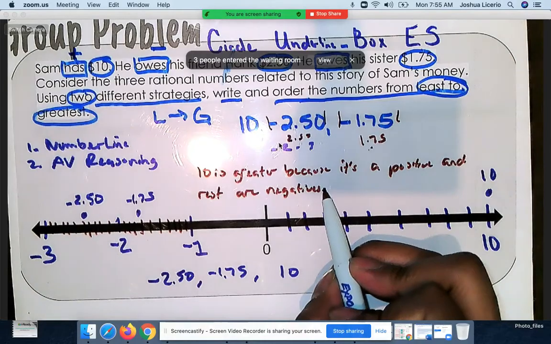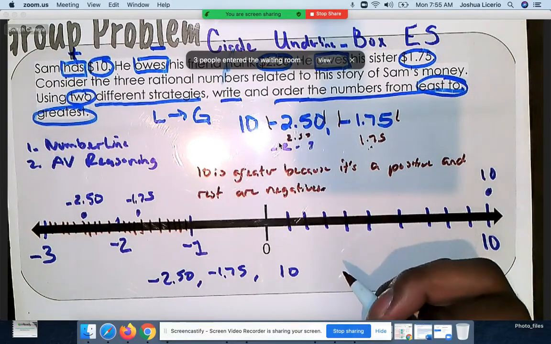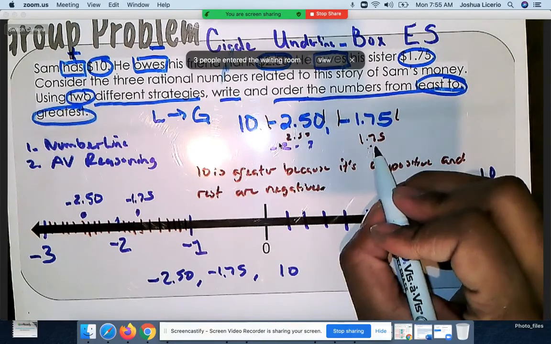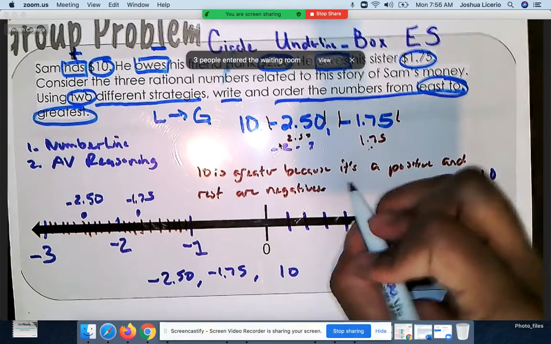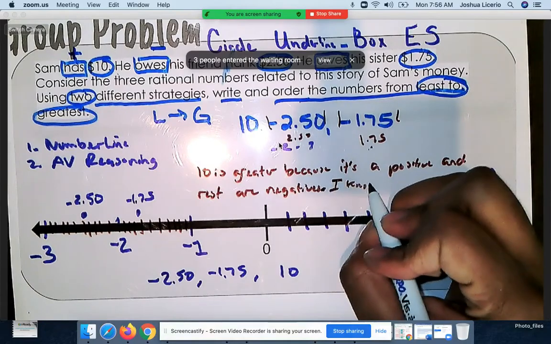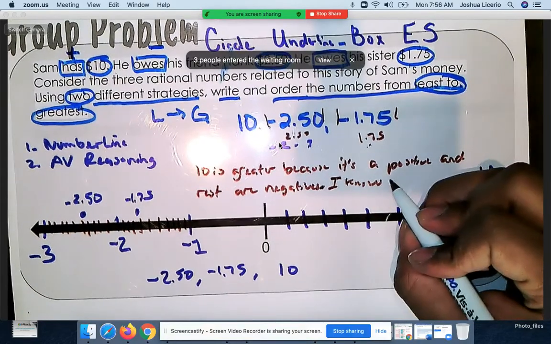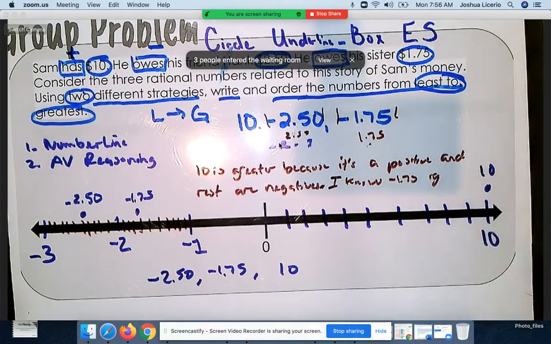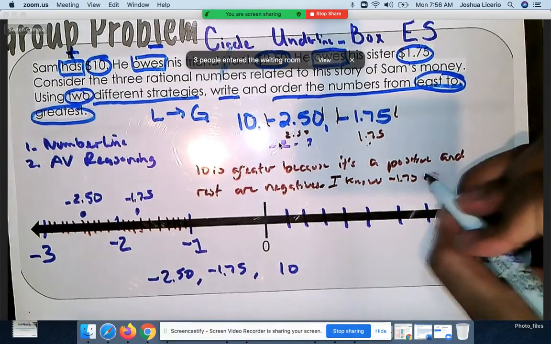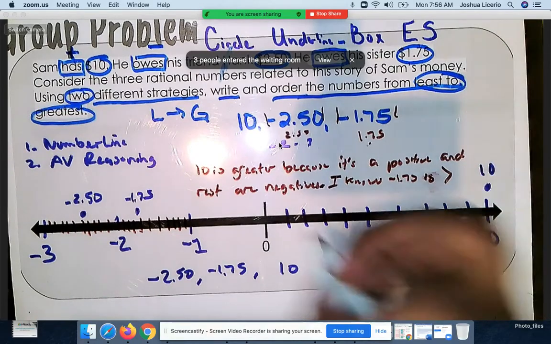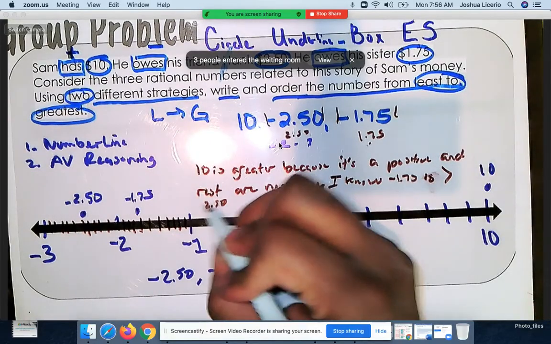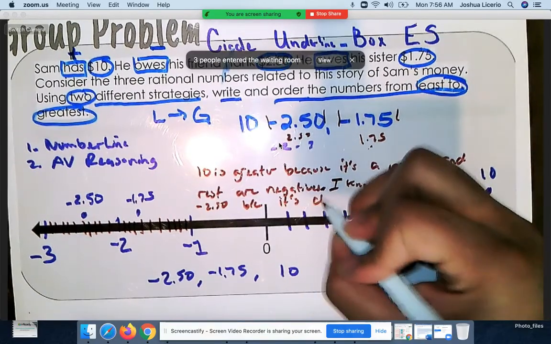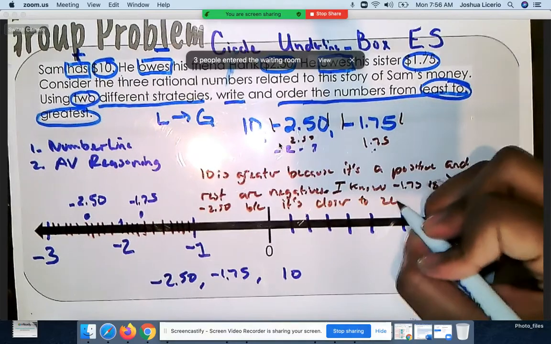So what we know about absolute value negative rules is that the closer to zero, or the smaller the absolute value, the greater the number is. So I know negative $1.75 is greater than negative $2.50, because it's closer to zero.